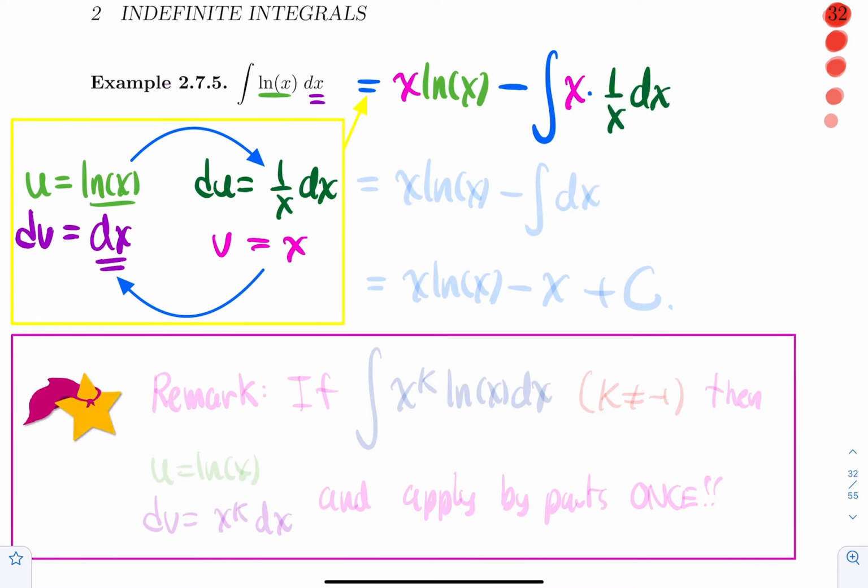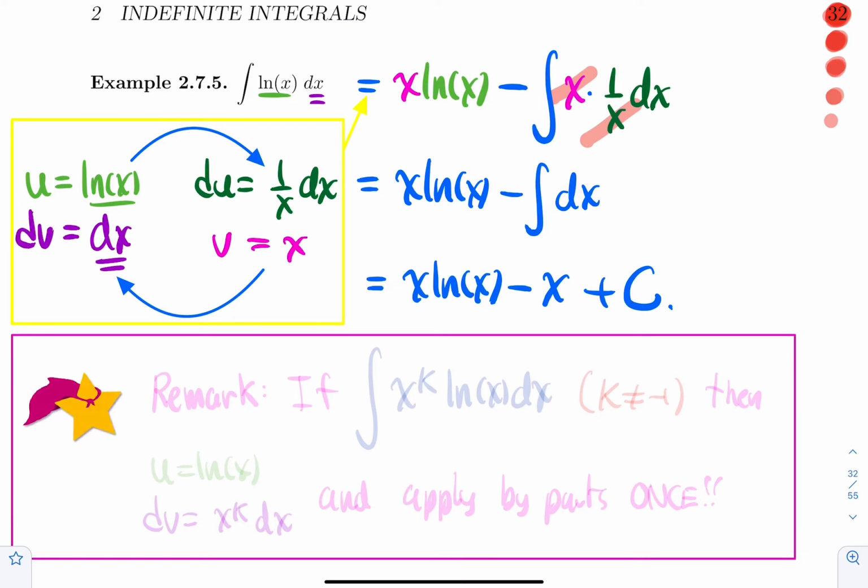Very important here, this simplifies nicely. x ln x stays the same, and x times 1 over x simplifies to 1. So you simply have to integrate 1 dx, and one primitive for 1 is x. So you get x ln x minus x plus c.